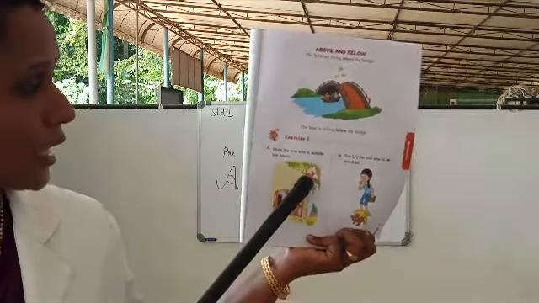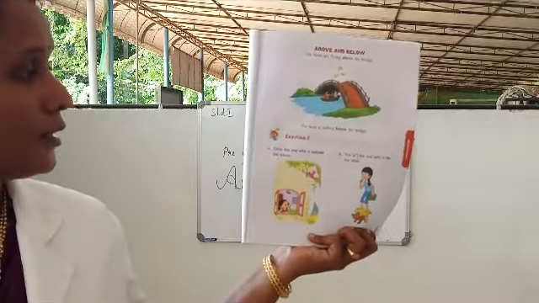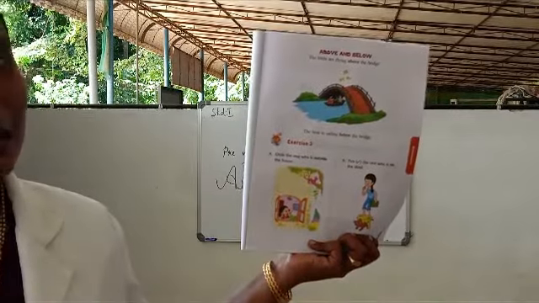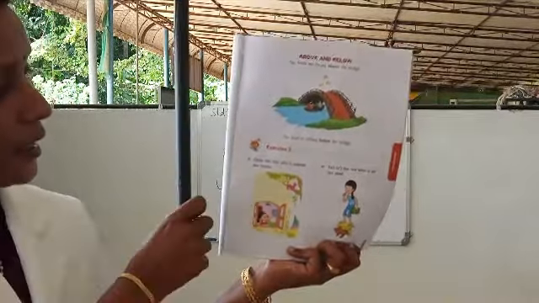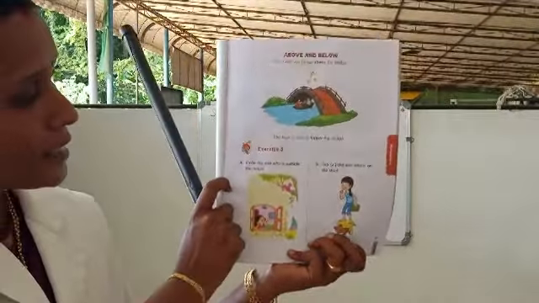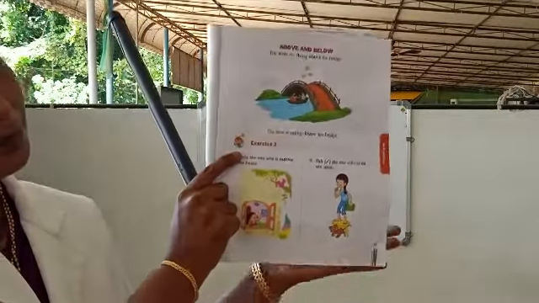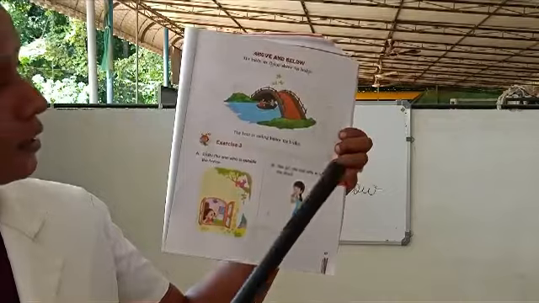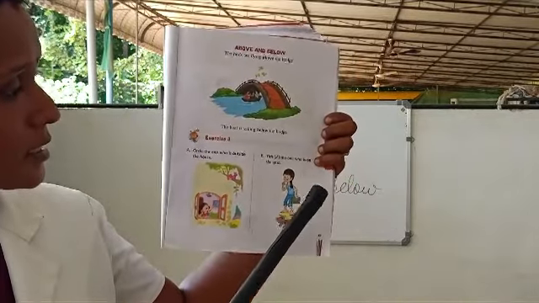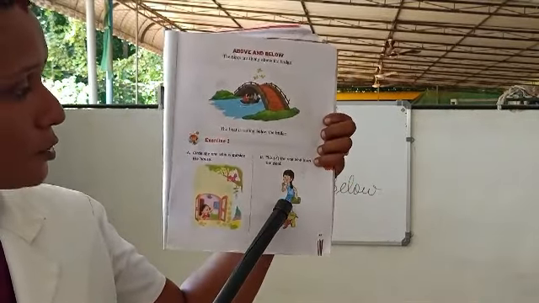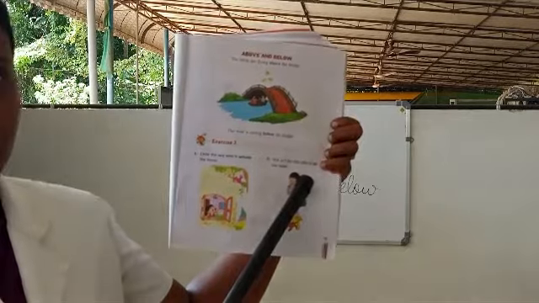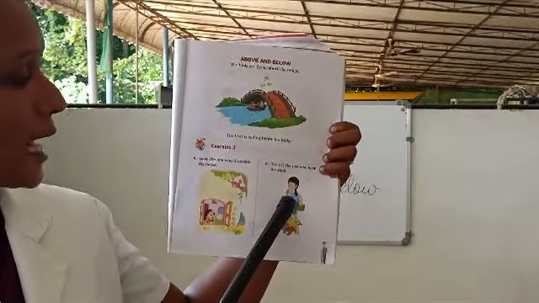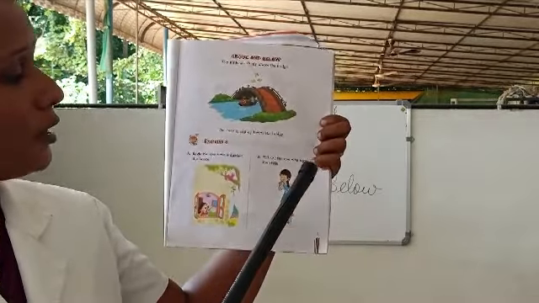So you circle the bird. Next figure: tick the one who is on the stool. The girl is standing on the stool. So you tick here.